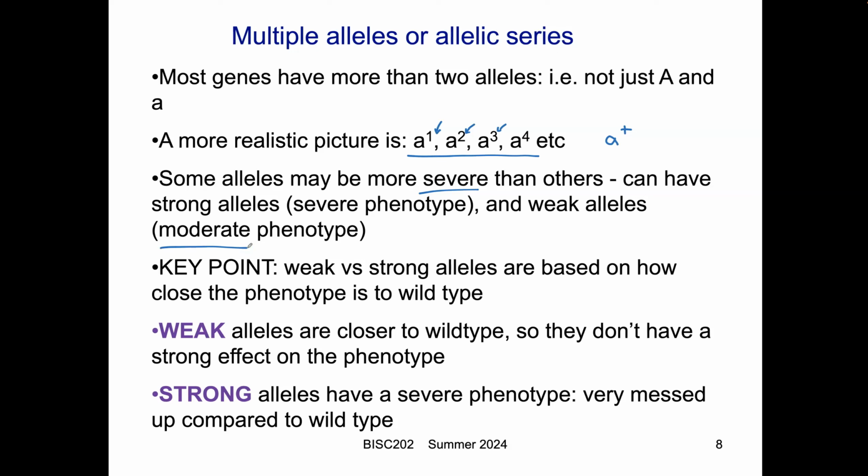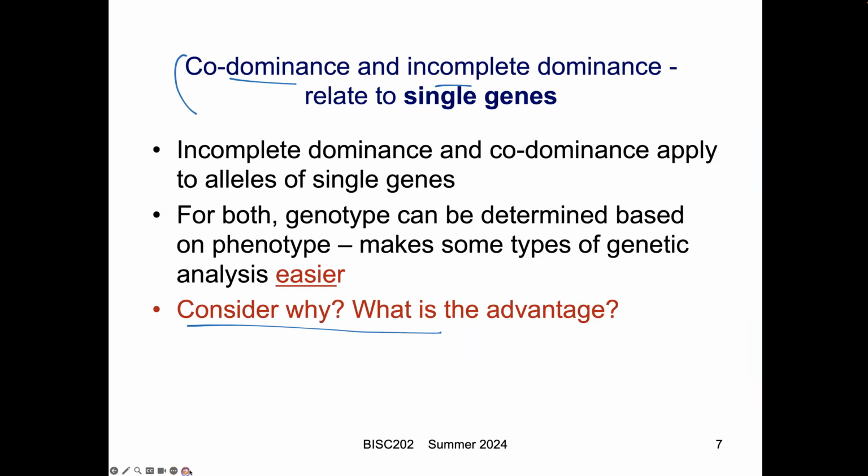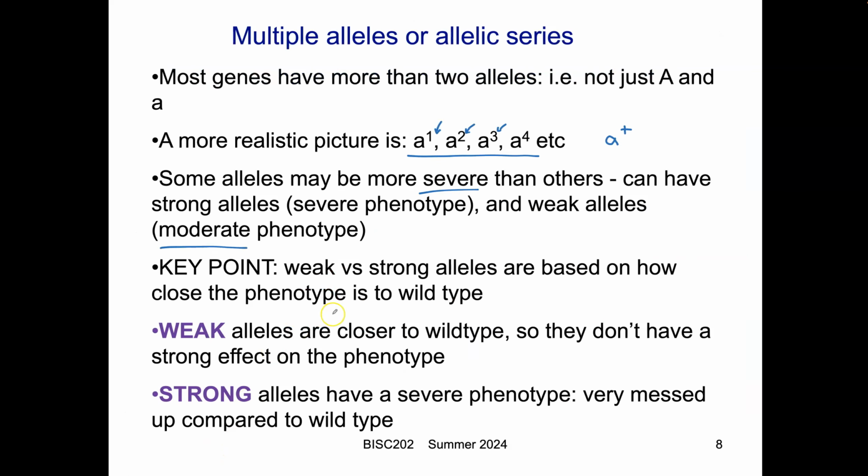A weak allele is closer to being wild type. So, for instance, if you have coat color in cats and the coat is supposed to be black, then a weak allele might make it a dark gray color, whereas a strong allele might make it very pale gray or even white.